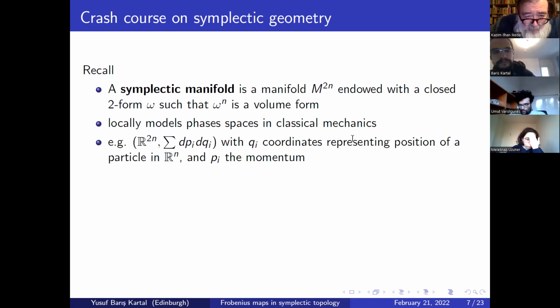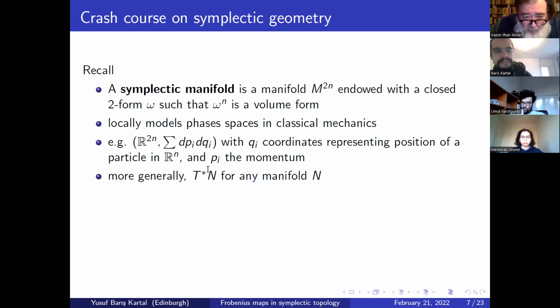The first example that anyone ever sees is the 2n-dimensional Euclidean space with this two form, sum of dp_i wedge dq_i. Here the q_i coordinates represent the position and the p_i coordinates represent the momentum of a particle in n-dimensional space. Generalizing a little bit, every cotangent bundle is an example of a symplectic manifold.